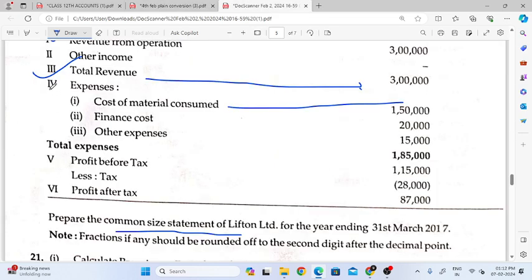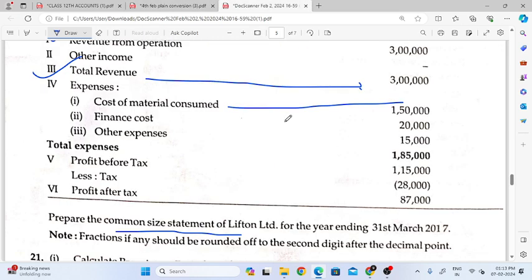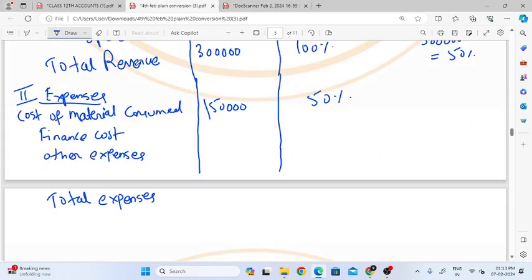Then total expenses what they have given, I'm writing it over here. So finance cost amount is 20,000 and other expenses is 15,000.